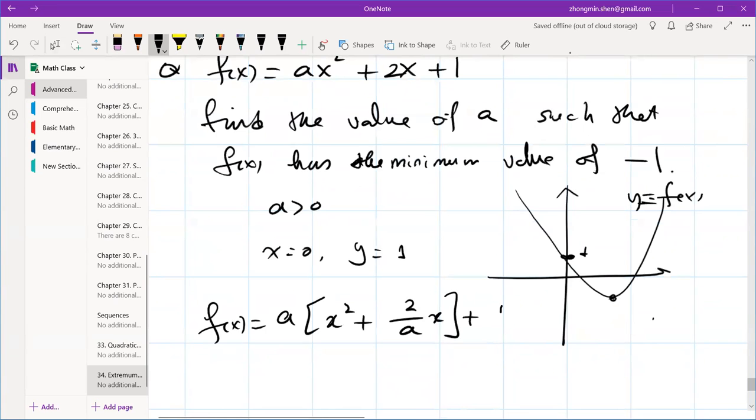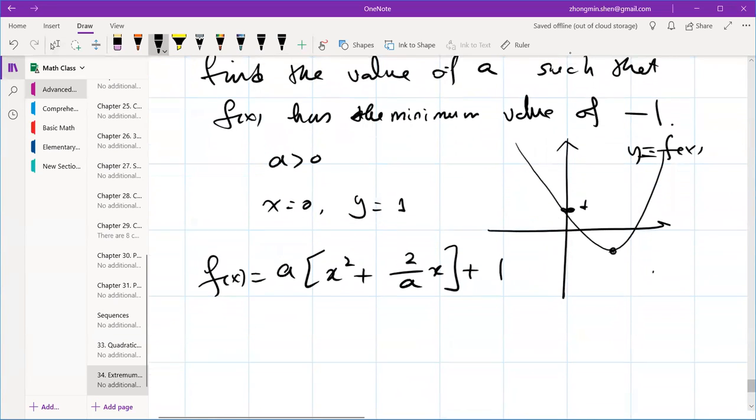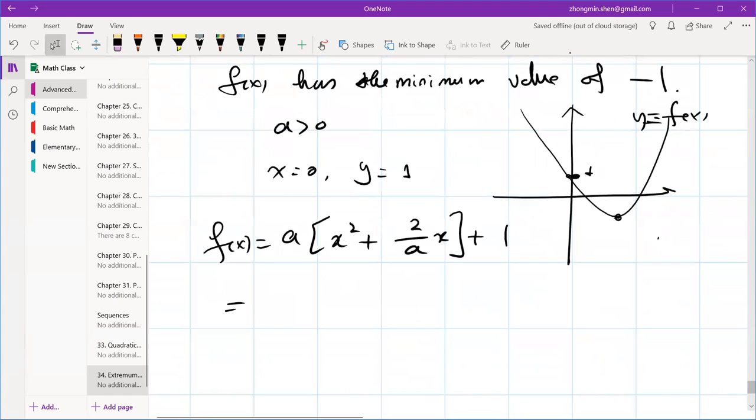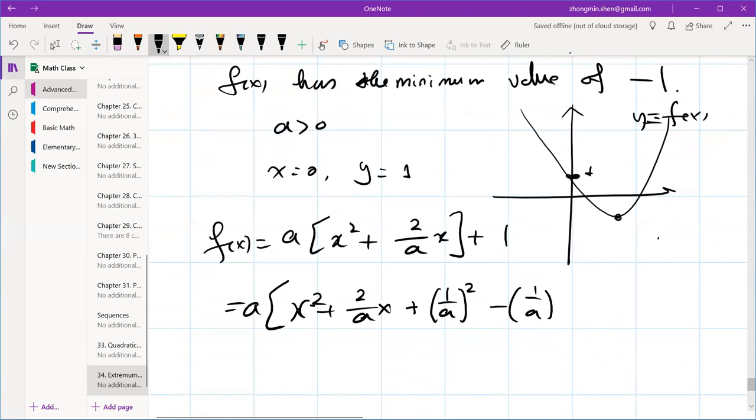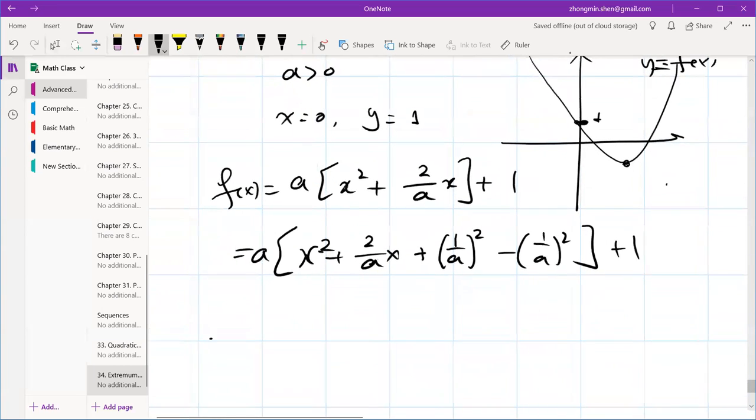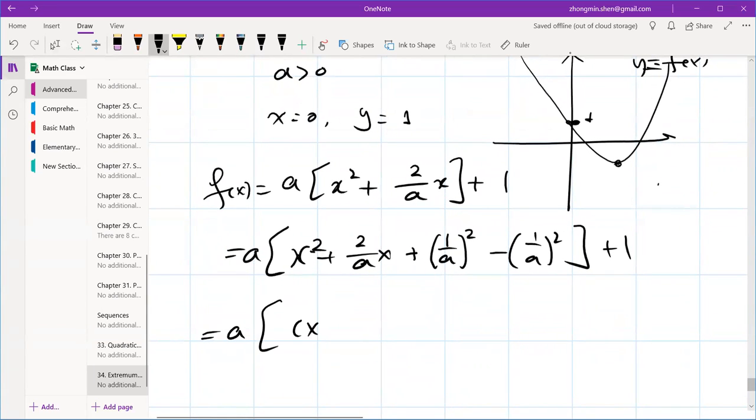Then you have a x squared plus 2ax, plus 1 over a squared minus 1 over a squared. Then you have 1 minus 1 over a, because a times that is canceled out.